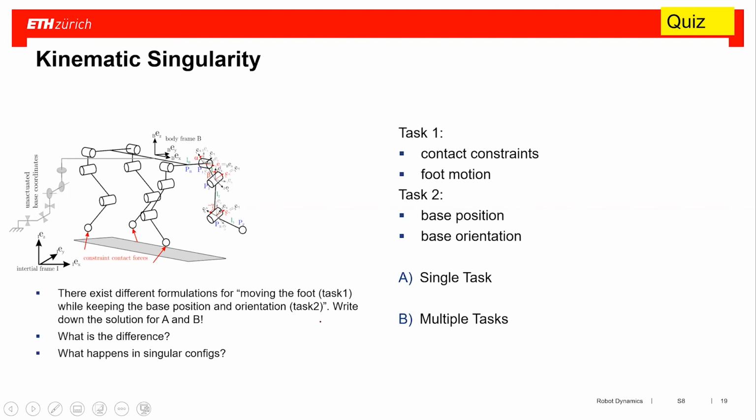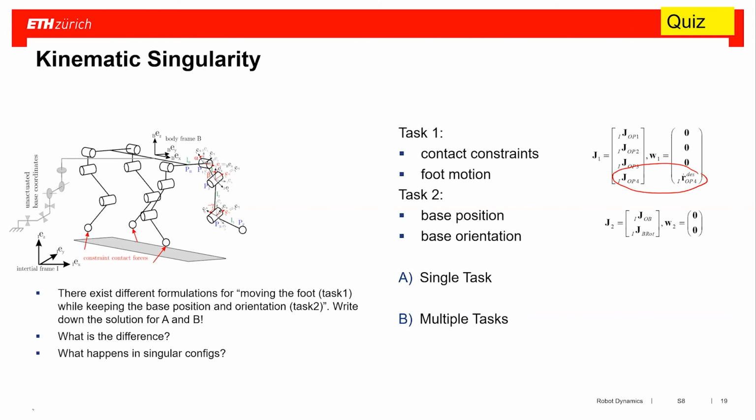Now, if I write everything into one task, and I have task 1, which is keeping the contact constraints and following the 4th leg trajectory, and we have the second task, which is keep your base position and orientation the same. Now, if you formulate everything as a single task, what I do is I stack J1 and J2, and I do the pseudo-inversion of that. Now here we have 6 times 18, and here we have 12 times 18.